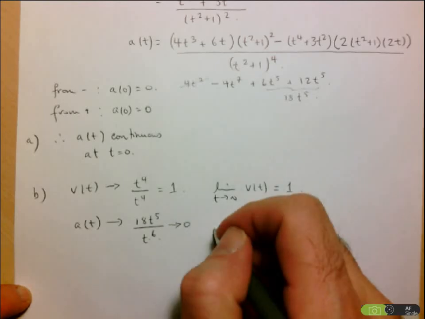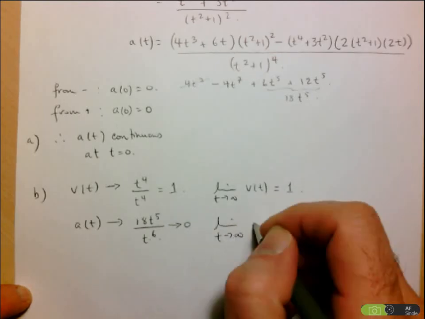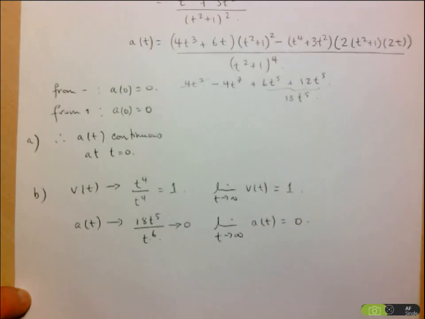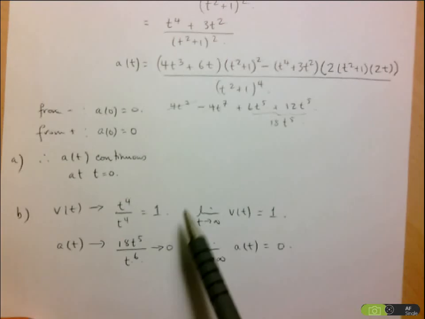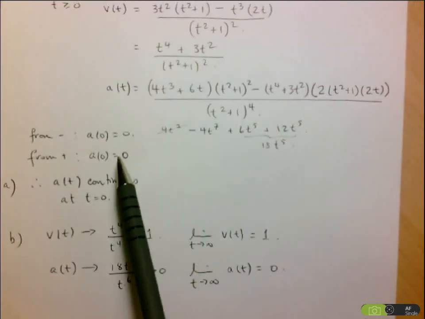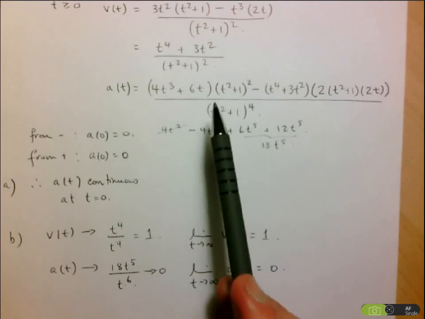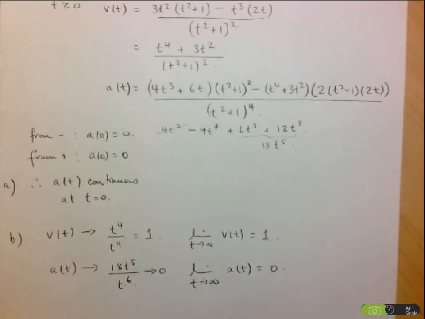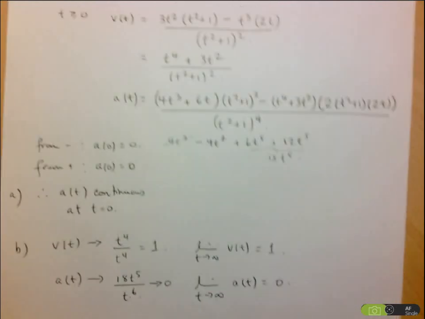So the limit as t approaches infinity of the acceleration is equal to 0. What I did here is I made use of my knowledge of rational functions and knowing that I only had to look at the highest powers of t in order to determine what was going on with the end behavior. Okay, so that's it for this question here.